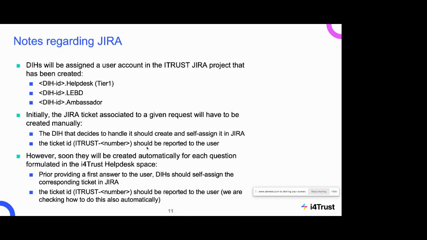We have covered so far tier one, and how when a given user formulates a question, this creates a Jira ticket. At the beginning, as I said, we have to deal with this manually. For the time being, we from the i4Trust core partners will take care of creating those tickets and responding to the user saying, look, thank you for your question, this is the ticket assigned to you.